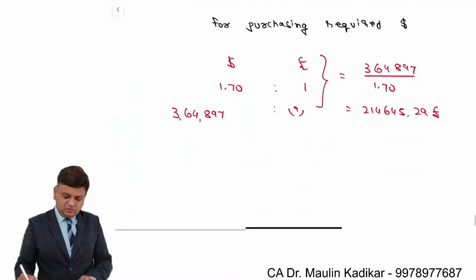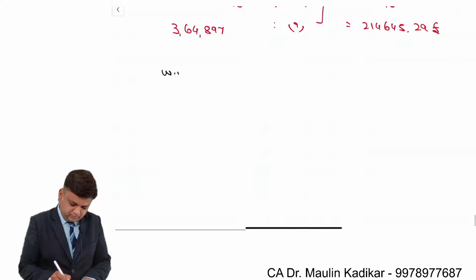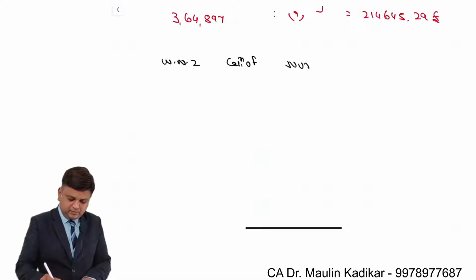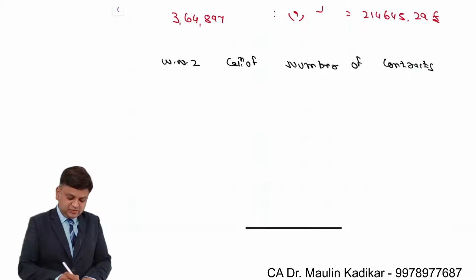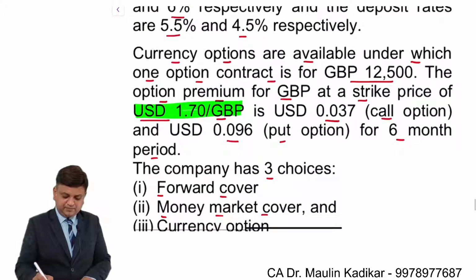Next will be working note number 2. Calculation of number of contracts. We can see that over here we have been provided with the lot size information.